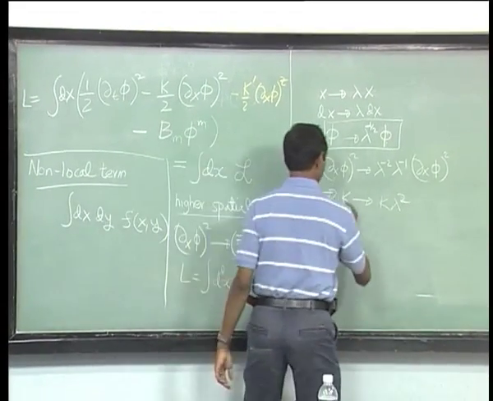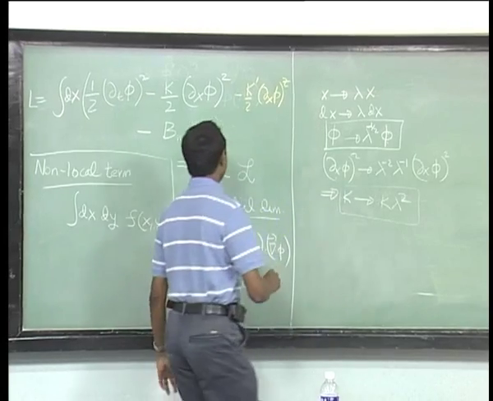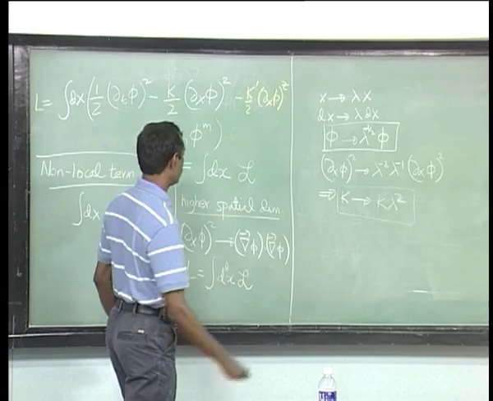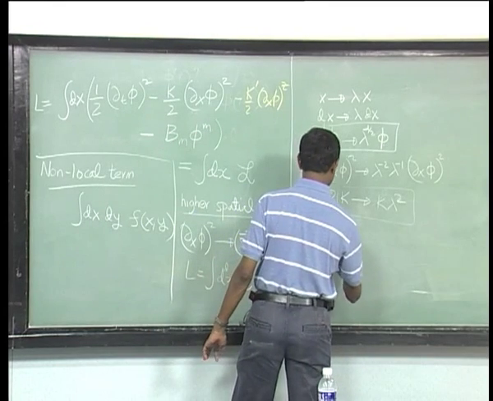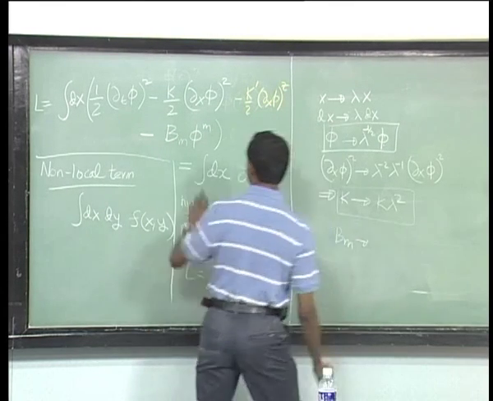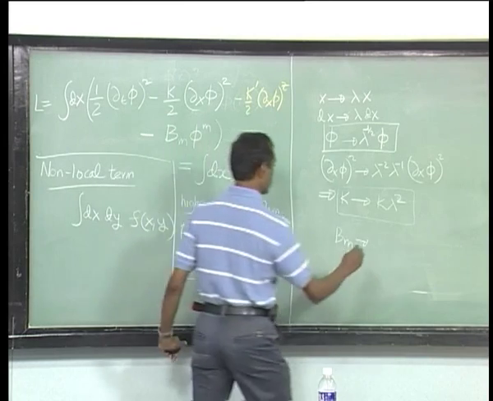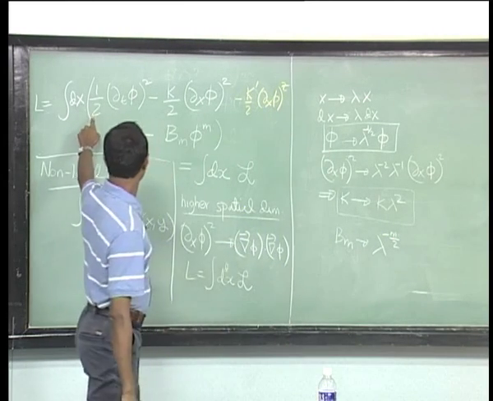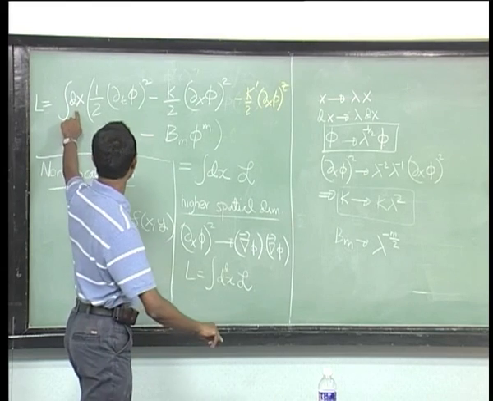Okay, and so let us forget this. We have to look at Bm. So Bm will have to go like lambda power minus m by 2, and I have to flip sign I think.